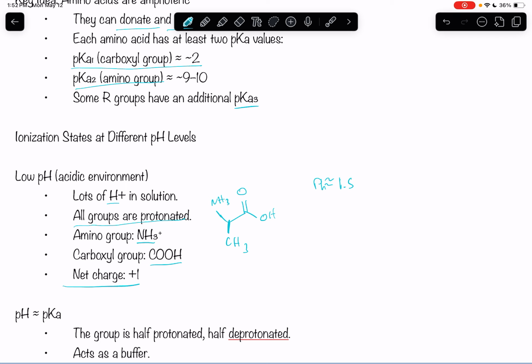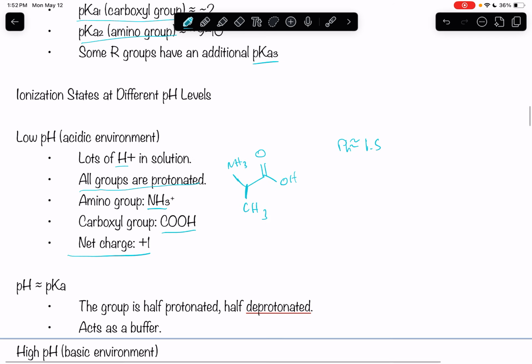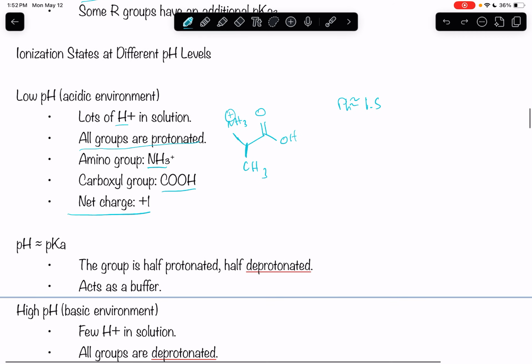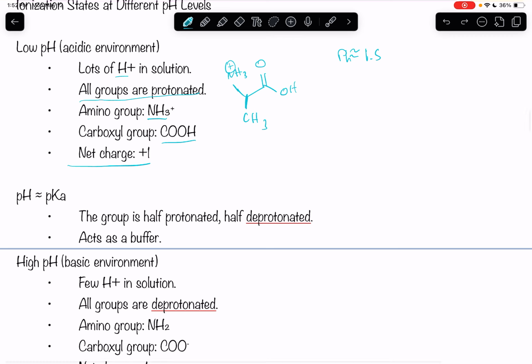Because we're in this pH of 1.5, we will have this group here, okay? Your charge would be +1. But again, if this was an R group that has a pKa, then your charge of the molecule can change, and then you have a slightly different molecule.